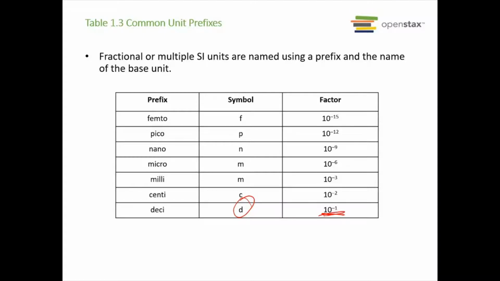So a decimeter is 1/10 of a meter. A centi is 10 to the negative 2, milli negative 3, micro negative 6, nano negative 9, and so on and so forth, up to femto, 10 to the negative 15. Each of these prefixes has a specific symbol that can go in front of the symbol for our base unit.